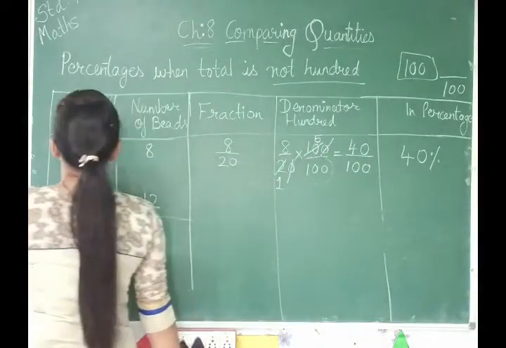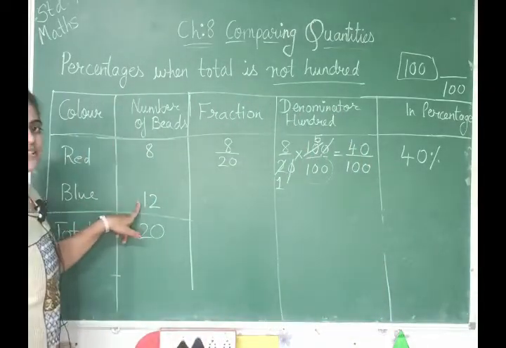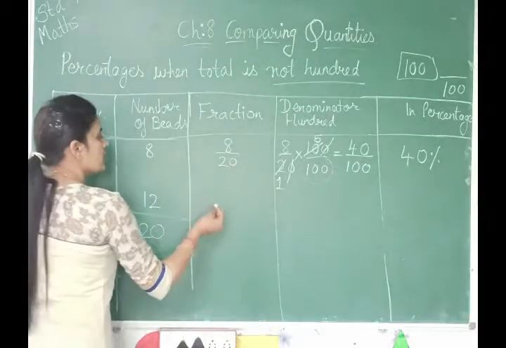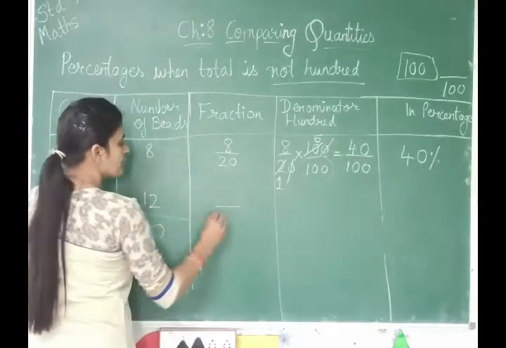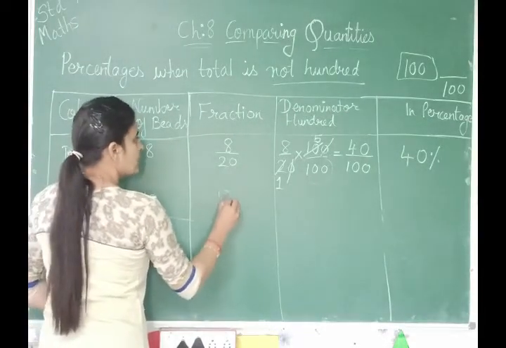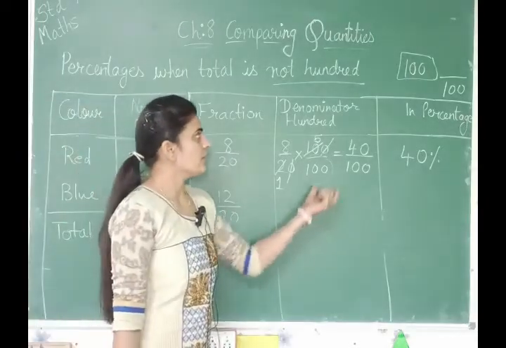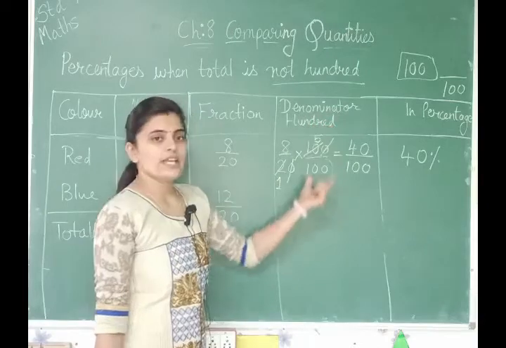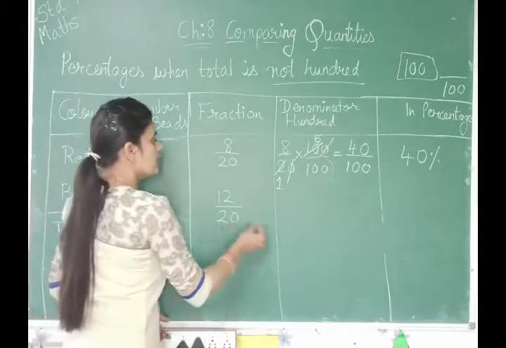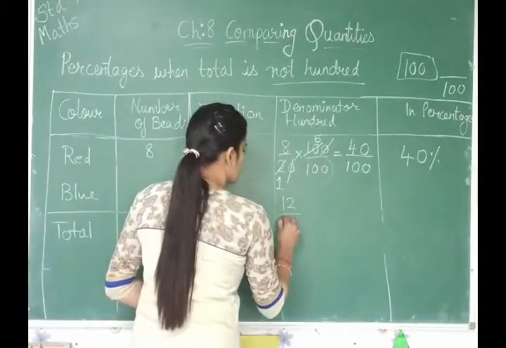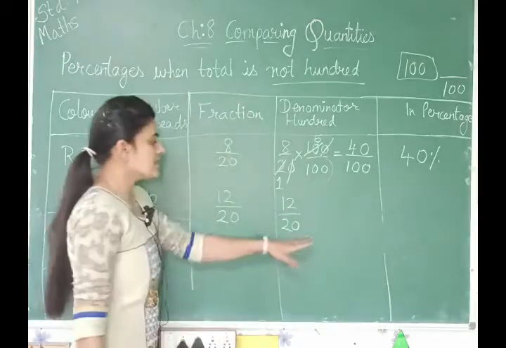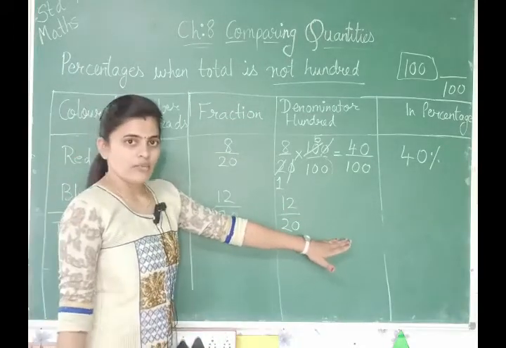Now for blue, it is 12. So for the fraction, out of 20, 12 are blue. So the fraction will be 12 by 20. In the same way we have to make the denominator 100. Here another method we can also use. For 12 by 20 we need 100 over here.